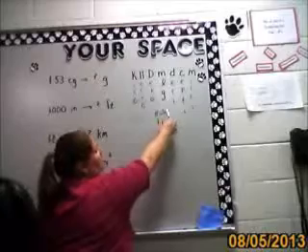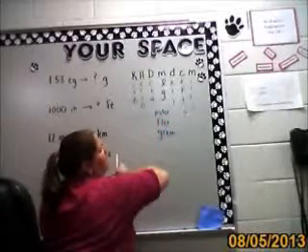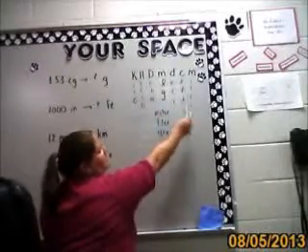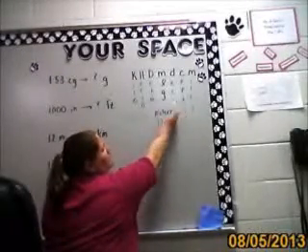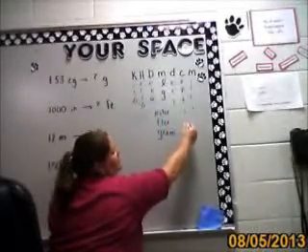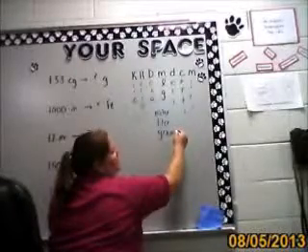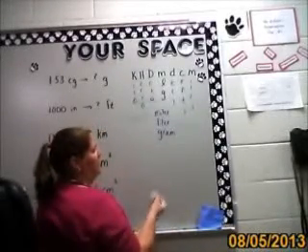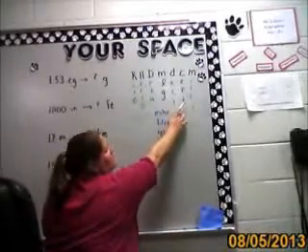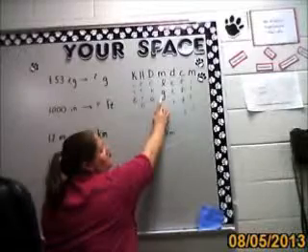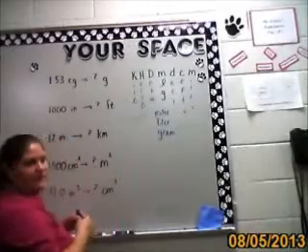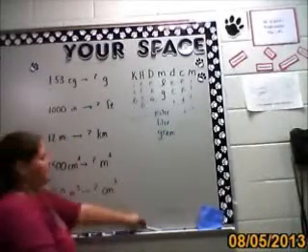If I need to make centigrams from grams, or let's go the other way, grams from centigrams, I had to move from centi to gram, 1, 2, so I'm moving the other direction, and I get 0.001, or I can say there are 1 with 2 zeros, 100 centigrams in a gram. We use this to perform conversions, and I'm going to show you 5 examples.